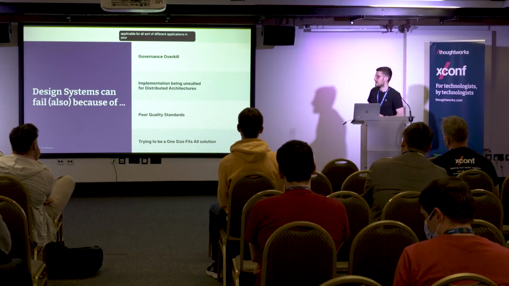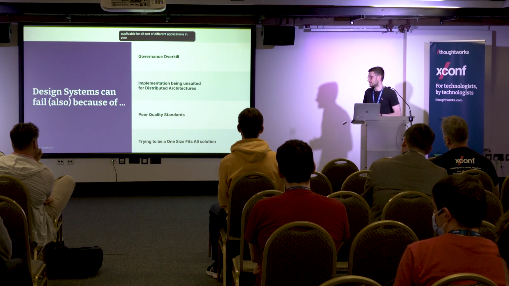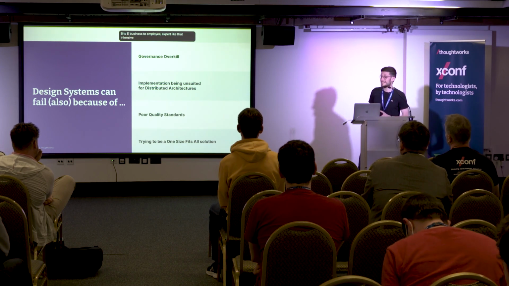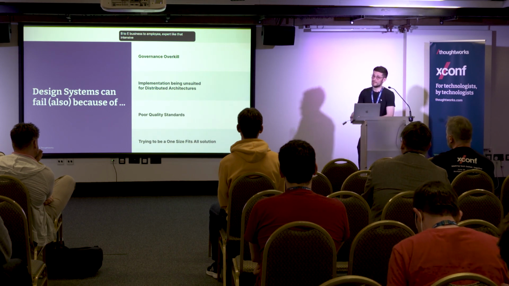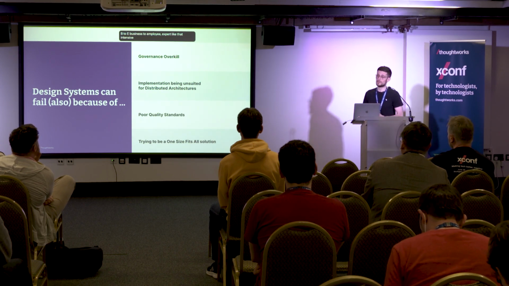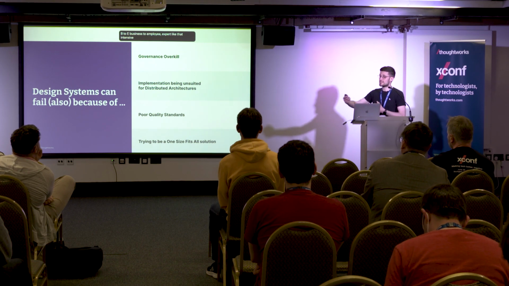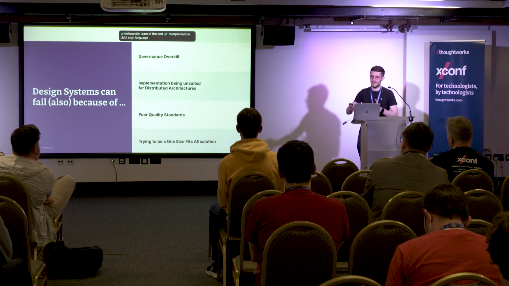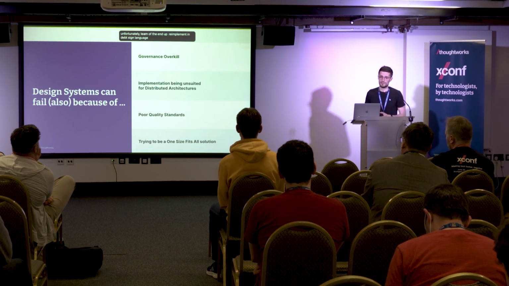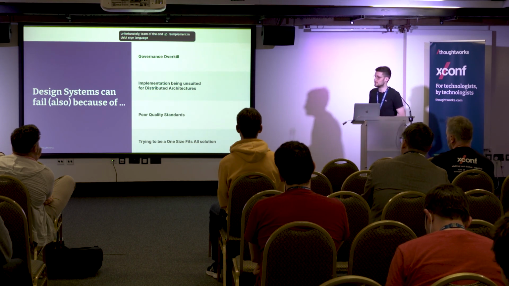So from B2C type of application to B2E, business to employee, expert-like data-intensive application. And when this happens, unfortunately, teams often end up re-implementing the design language according to their needs because they're just trying to create components that are too generic, right, for anybody to use.